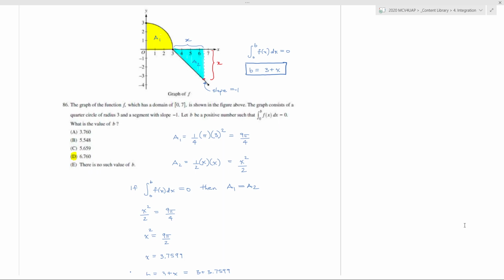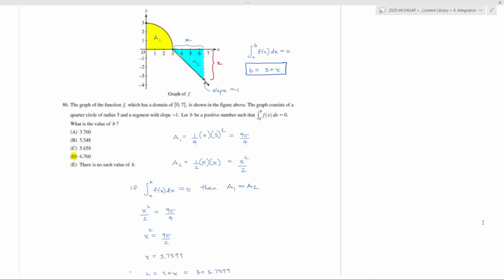Multiply both sides by 2. You get x squared is 9 pi over 2, which means x is 3.7599. That's what x is. So that means if I start at 3, the distance from 3 is 3.7599.